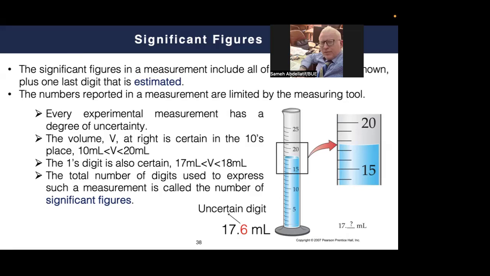This is a scaled glass bar where you have a scale. For example, we have a zoomed-in figure showing that on the scale, this is 15 and this is 20, and there are 5 breaks in between. So this is 16, 17, 18, 19, 20.